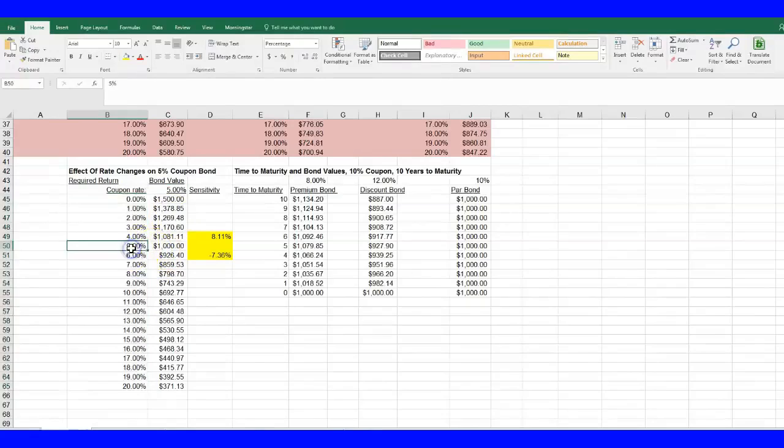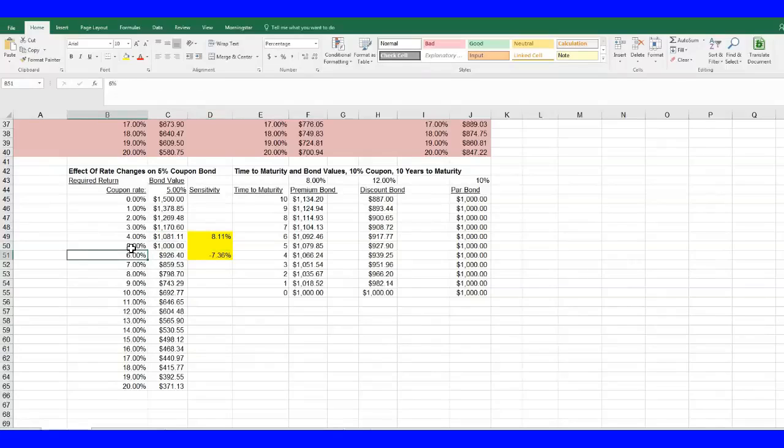If our required rate of return is exactly equal to the coupon rate, if it's 5%, we have a par value bond trading at $1,000. But if interest rates fall 1%, our 5% coupon bond increases to a value of $1,081, or an increase of 8.11%.